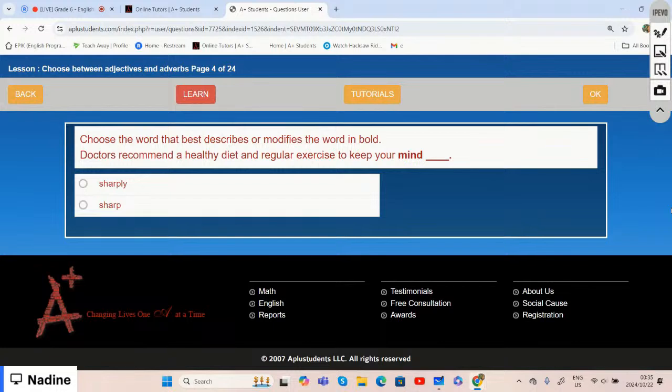Is it to keep your mind sharply or to keep your mind sharp?